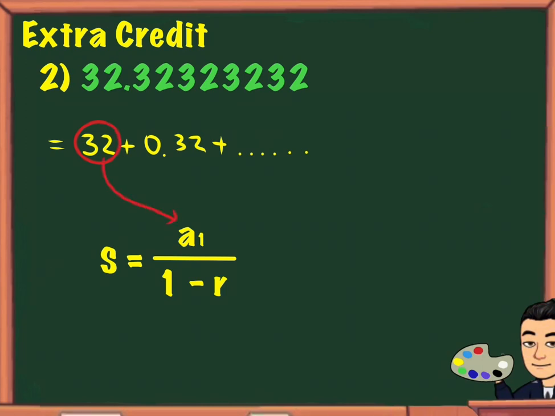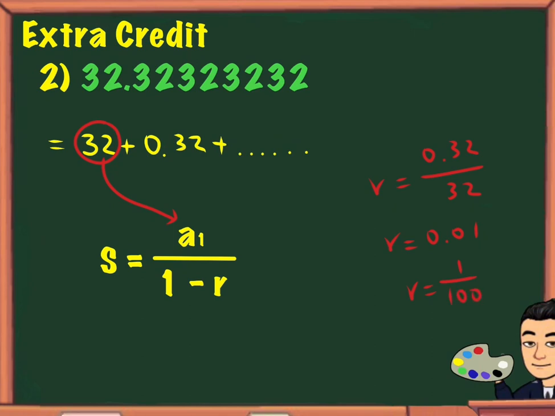To find the ratio, put 0.32 divided by 32. In a calculator, r is going to be 0.01, but I suggest you put it in a fraction, because that's our goal. So it's going to be 1 over 100.